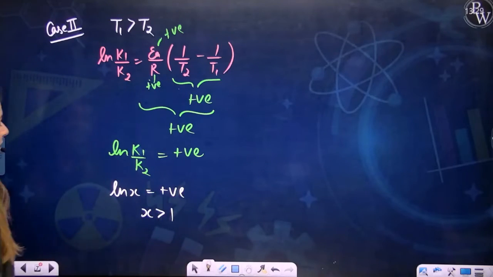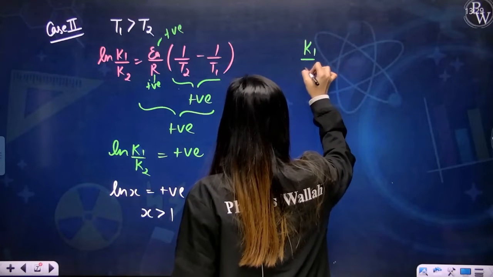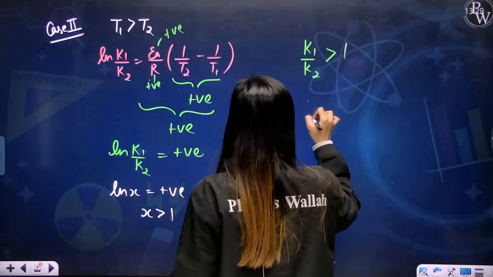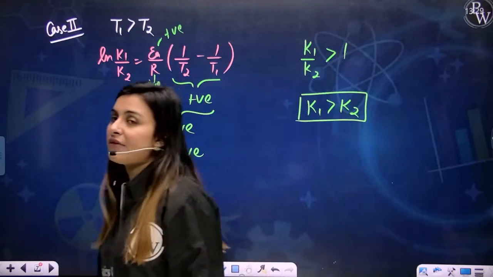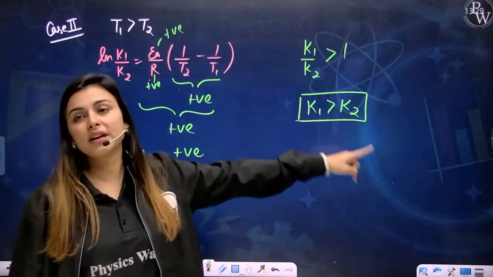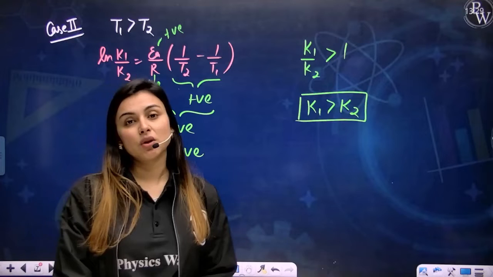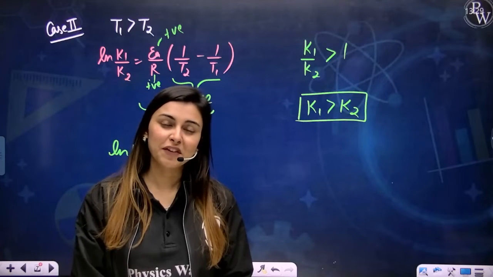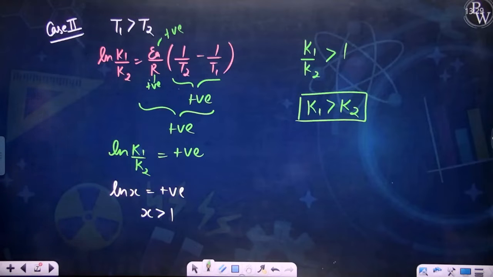So I can say that from this expression, K1 by K2 is more than 1. So K1 will be more than K2. This is something which you derived right now, and you can say that since T1 is more than T2, your K1 will be more than K2. That is, your k value depends on the temperature. Perfect? I hope you're clear with this. You can pause the video, write it, and then we'll move forward.